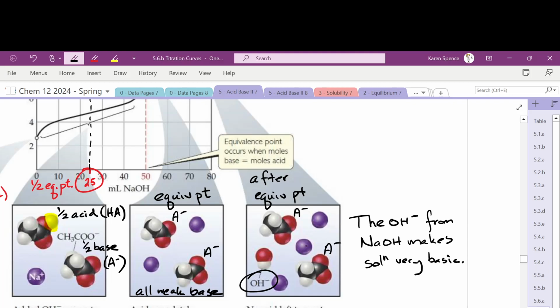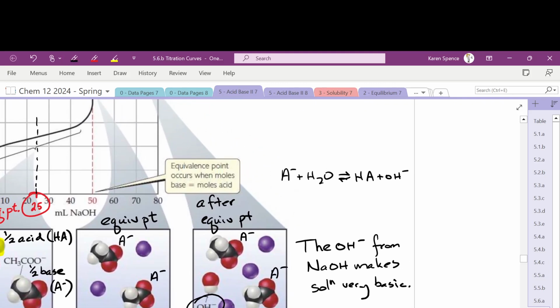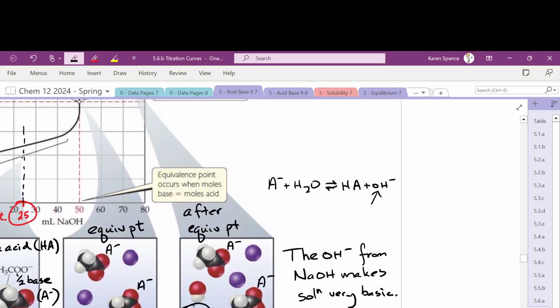Does our weak acid, or sorry, our weak base help make it a little bit more basic? Yes, but only a tiny amount. Because after the equivalence point, if we have A minus plus H2O gives HA plus OH minus, the concentration of OH is high.